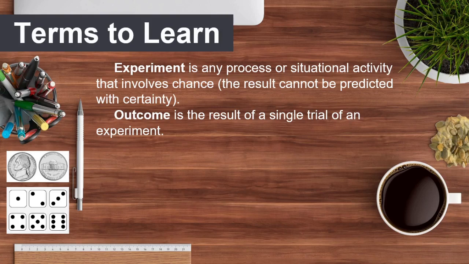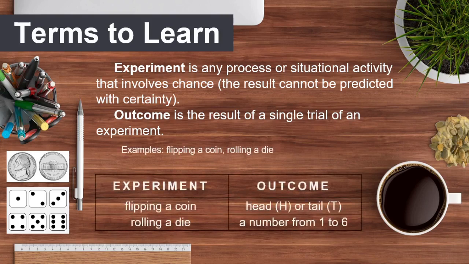So if we perform the experiment a number of times, then we will have different outcomes. In our example, in flipping a coin, the outcome may be a head or a tail. If we're going to roll a die, it could be any number from 1 to 6. That is our outcome.